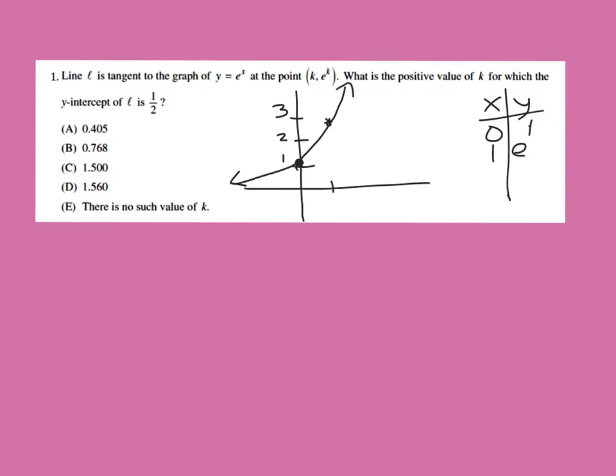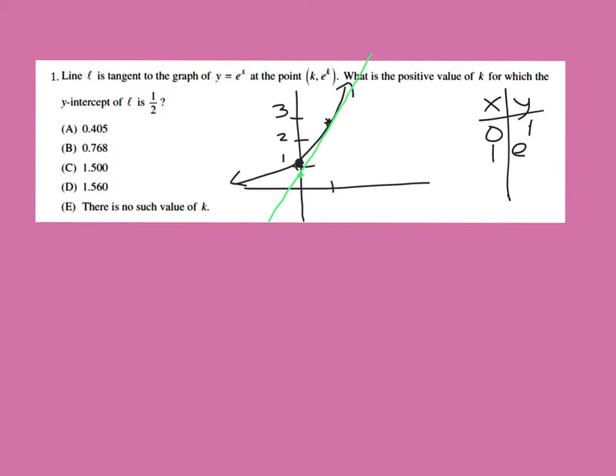I personally think it's helpful to look at it and have an idea of where your value might be. We want to know where we're going to have a tangent line that has a y-intercept of 1/2. If you look at the graph, to be tangent to that, it looks like it's going to be somewhere between maybe 0.5 and 1.5.